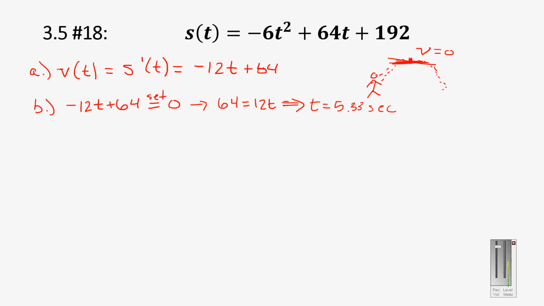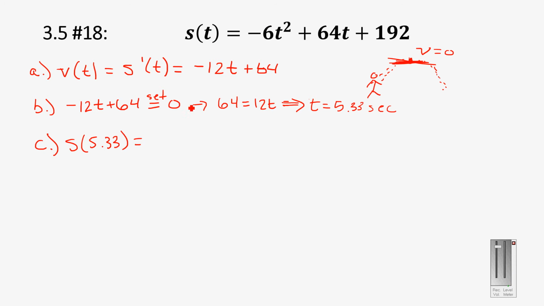C is what is the height of the stone at its highest point. So height again is the position. So part C will be based upon the position function, or s of 5.33. That's what we're really looking for.